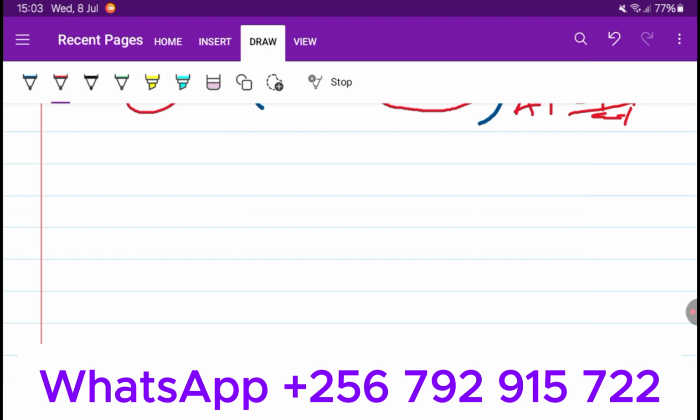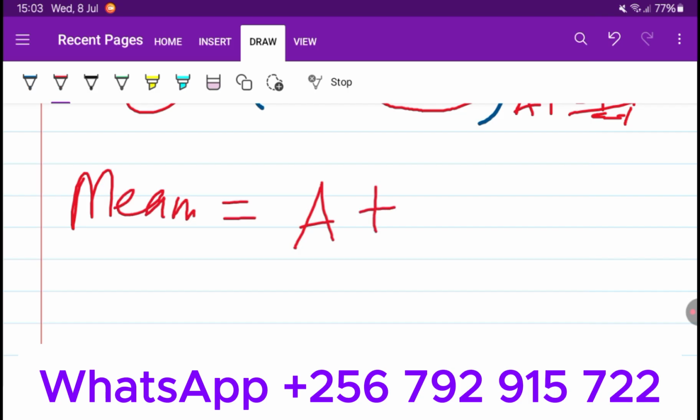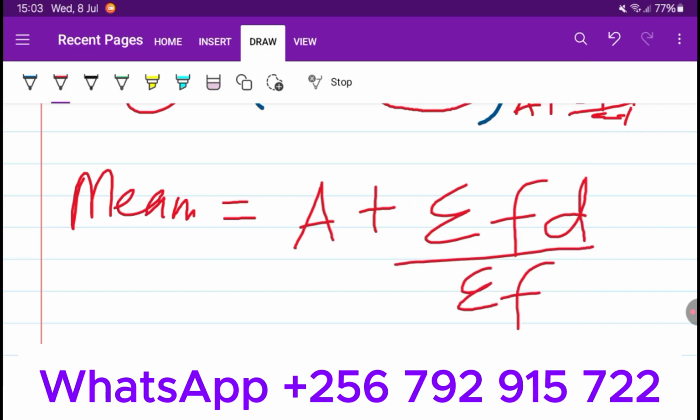The mean, using assumed mean method, will be equal to that assumed mean, which I'm calling A, plus the summation fd over summation f. The summation f is the total frequency.